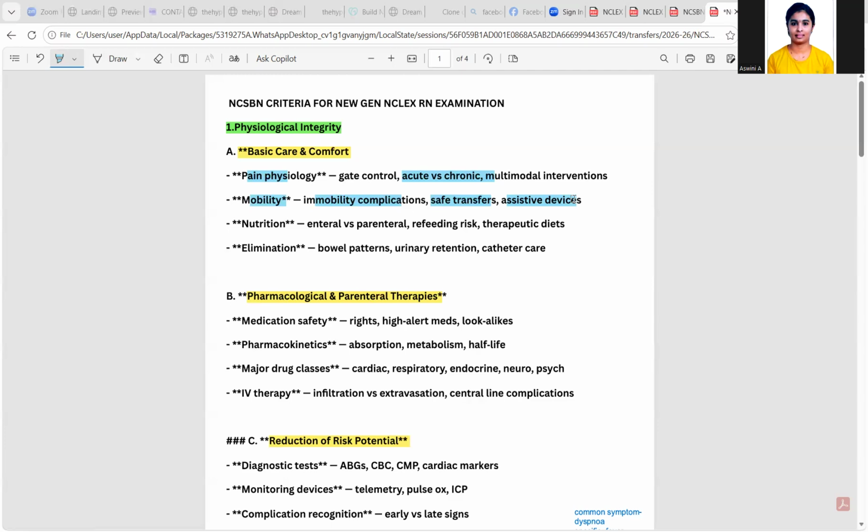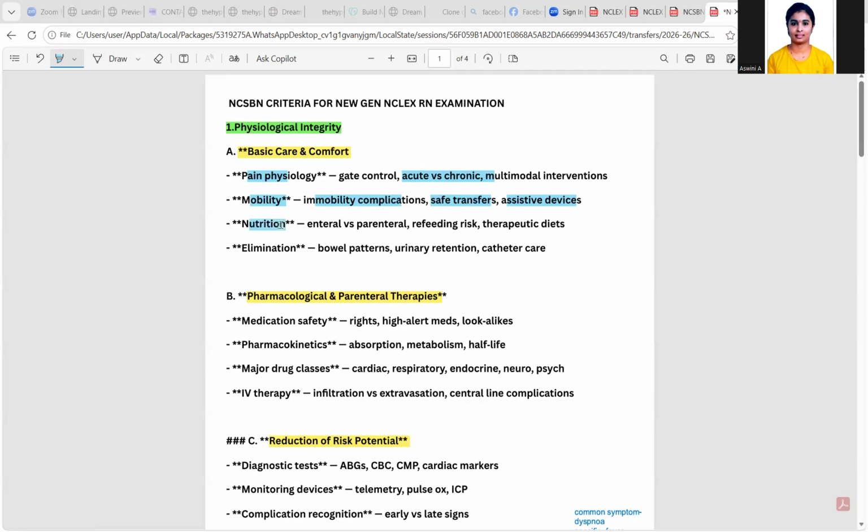So bed rest is an assistive device. And some clients will lean forward to make the breathing easy. The over bed table can be provided. Okay, that means these are some assistive devices which are used for the comfort of the client. Okay, and such type of questions are coming under the mobility.